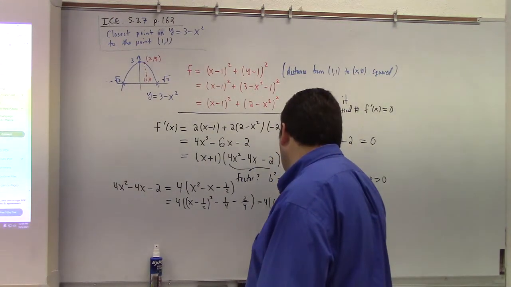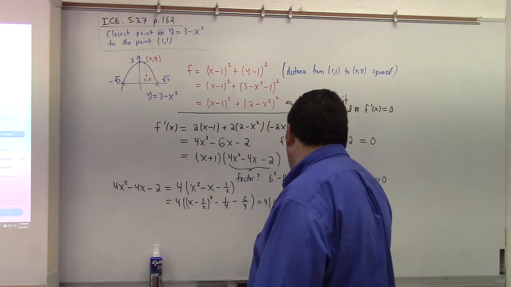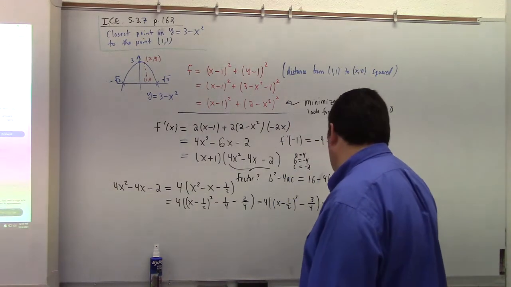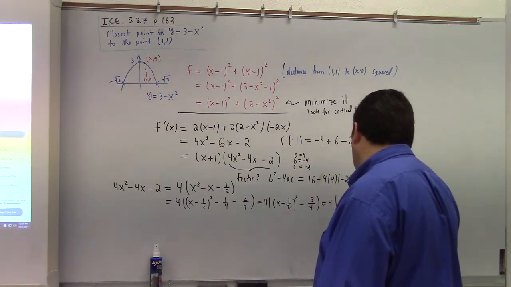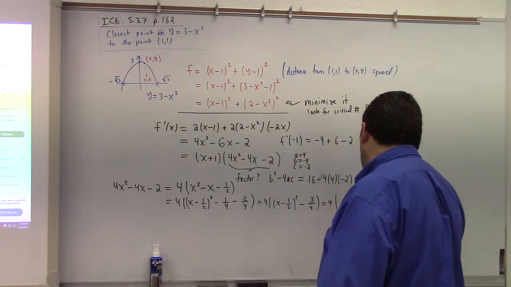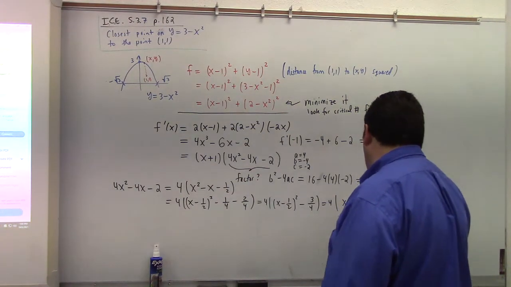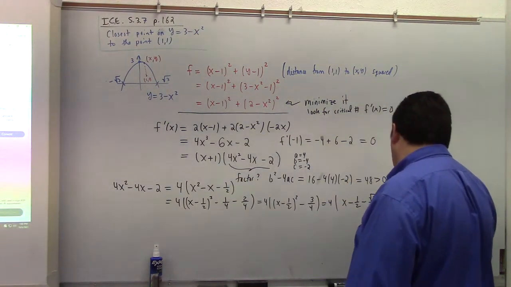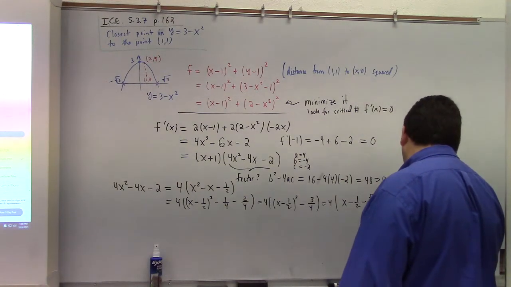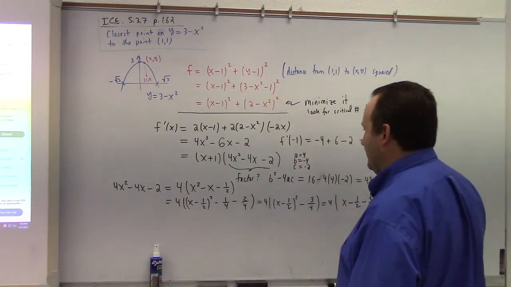So I'm completing the square, which is, of course, 4 times x minus 1/2 minus the square root of 3 over 2 times x minus 1/2 plus the square root of 3 over 2. All right?